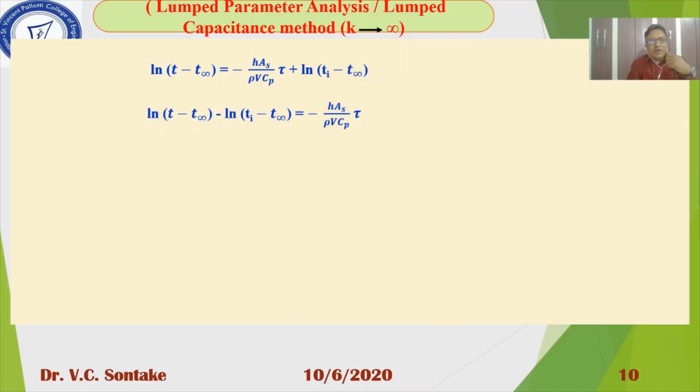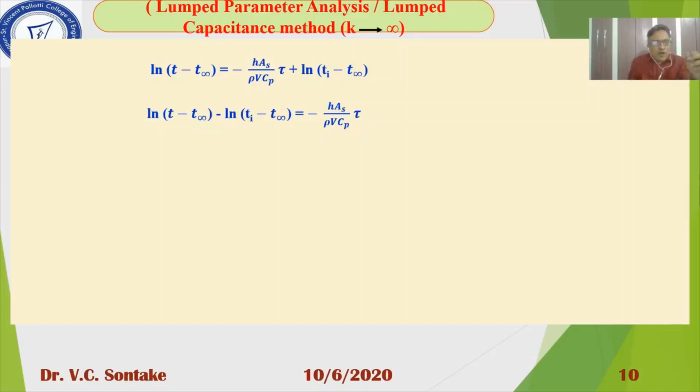Let us take log of Ti minus T infinity on the left hand side. So what I will get is log of T minus T infinity minus log of Ti minus T infinity is equal to minus hAs over rho V Cp into tau.